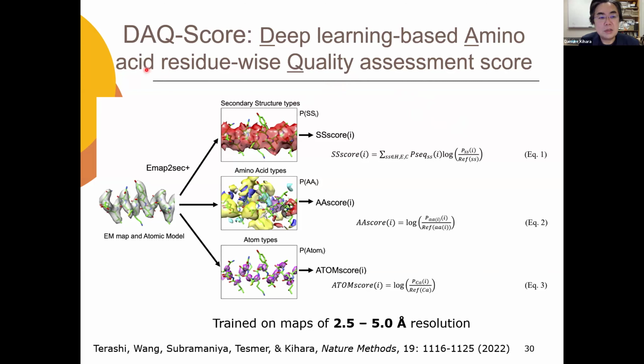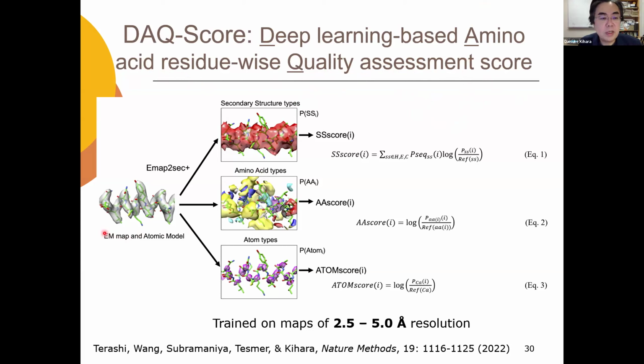So DAQ score is a deep learning based amino acid residue-wise quality assessment score. This is to evaluate if an existing protein model is correct.